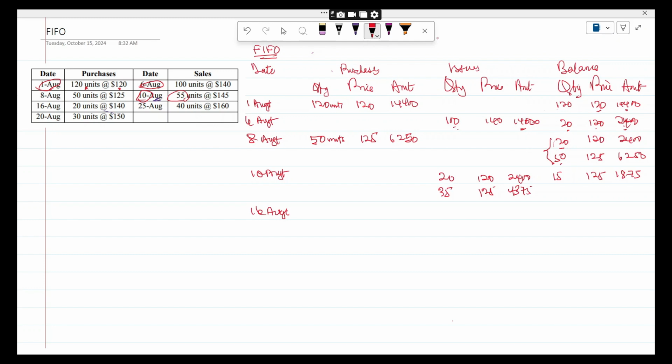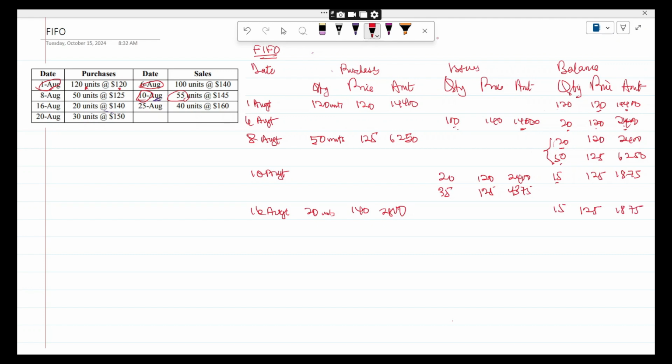15th of August. We made the purchases of 20 units by 140. So 20 times 140 will give us 2,800. Now, this stock is already there, so we'll bring it: 15, 125, 1,875.